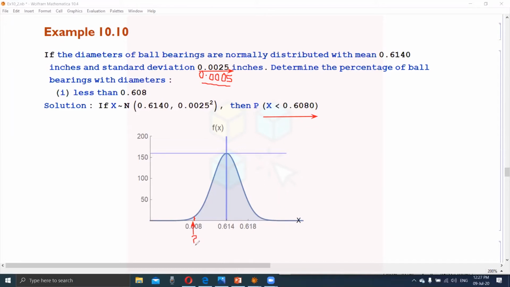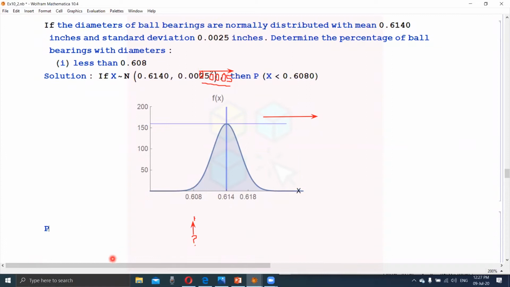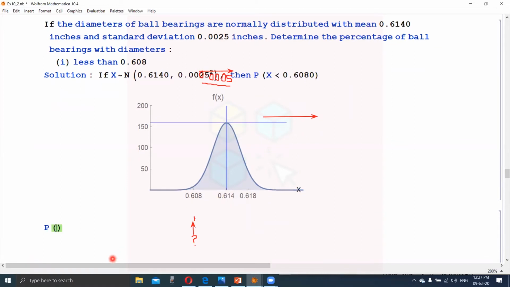The requirement is probability less than 0.608. So we have to find this point first, and it is obtained by subtracting the continuity correction from 0.608, and then we will find the probability. Now I am solving it.